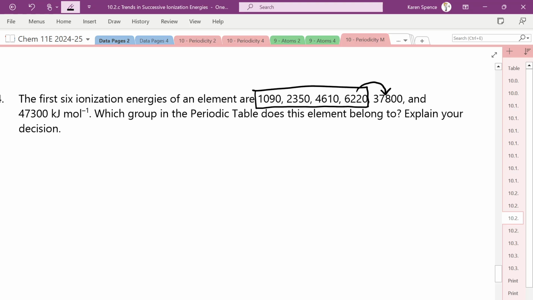Are you guys good with that? 4 valence electrons, which means it will be group 14. Wait, why can't it be group 4? Group 4 is a transition metal, and they don't behave in normal ways.